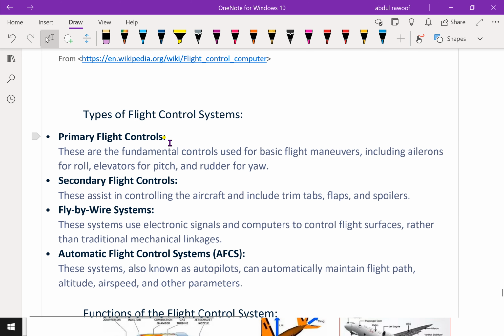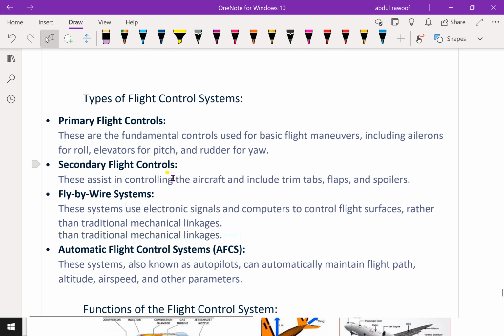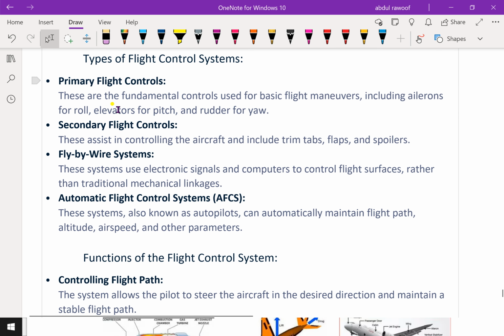Now, types of flight control system. Primary flight controls. These are the fundamental controls used for basic flight maneuvers, including ailerons for roll, elevators for pitch, and rudder for yaw. Secondary flight controls. These assist in controlling the aircraft and include trim tabs, flaps, and spoilers.